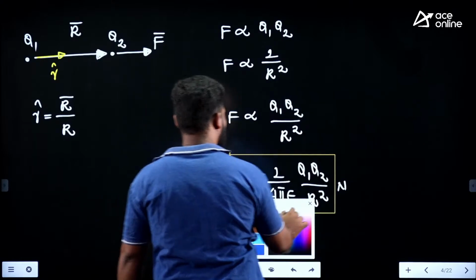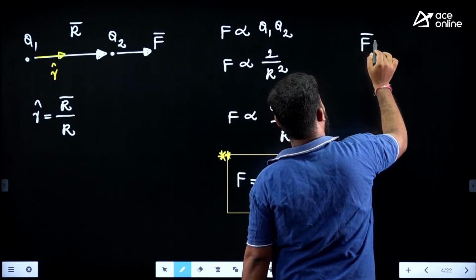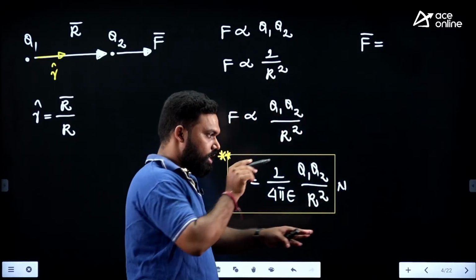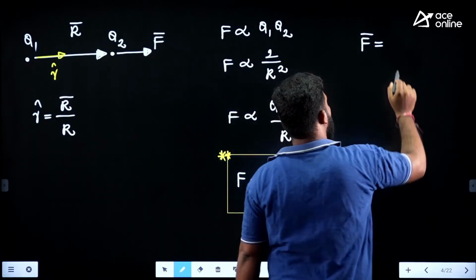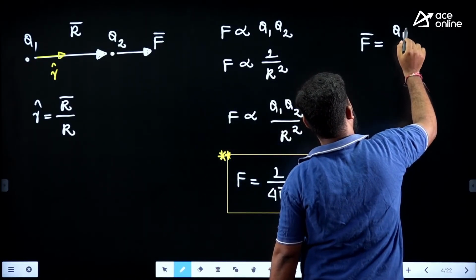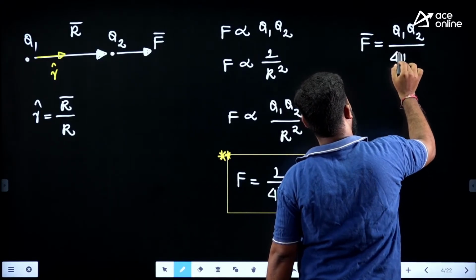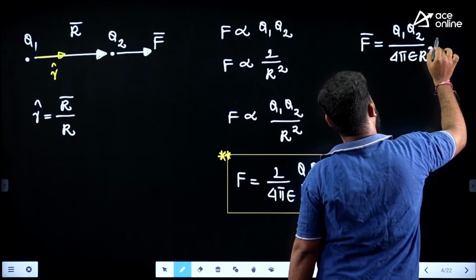So if I want to write this in the vector form, F vector, I am writing the bar. What does the bar indicate? It is a vector. It has a direction as well. Which is equal to Q1 Q2 divided by 4 pi epsilon r square into r cap.